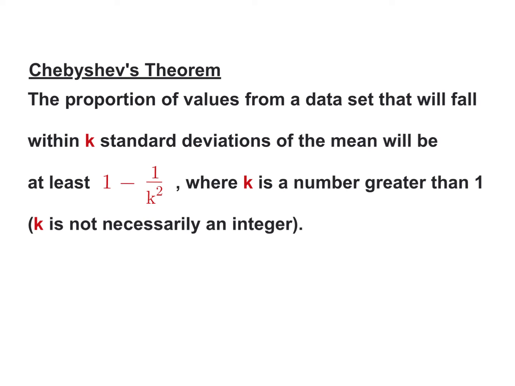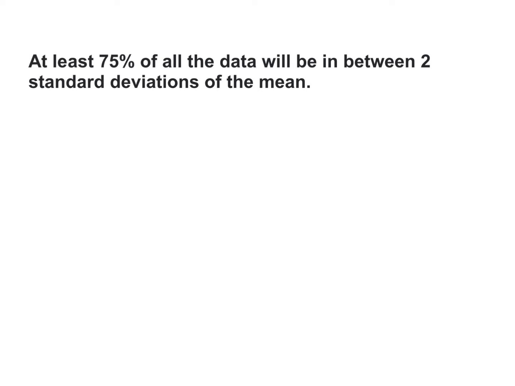So what we're looking for is the proportion of values from the data set that fall within K standard deviations. Now scroll a little bit and find the next page after Chebyshev's theorem. I showed you on the picture that at least 75% of all the data will be within 2 standard deviations of the mean, meaning 2 above and 2 below. I want to show you how the formula works so we can justify this claim.